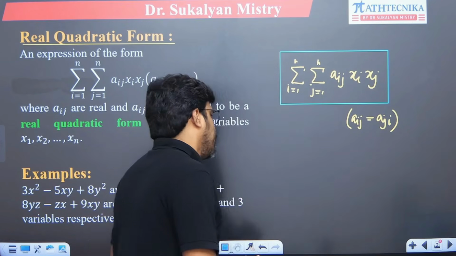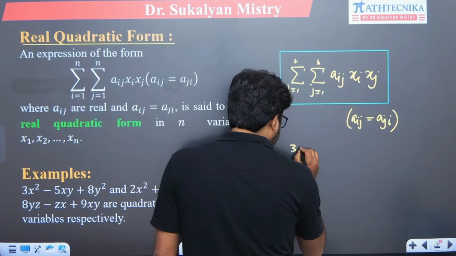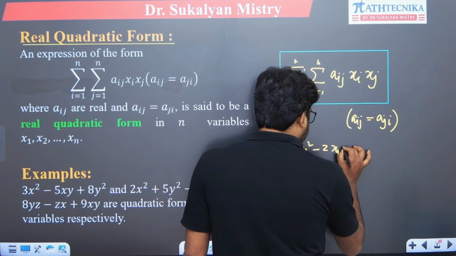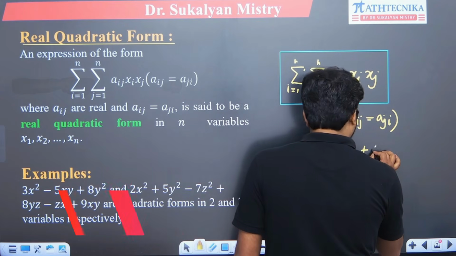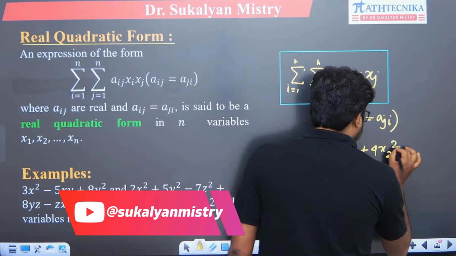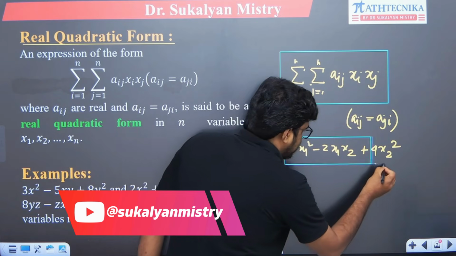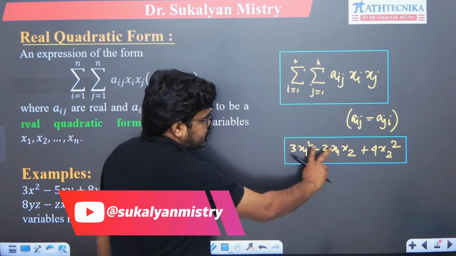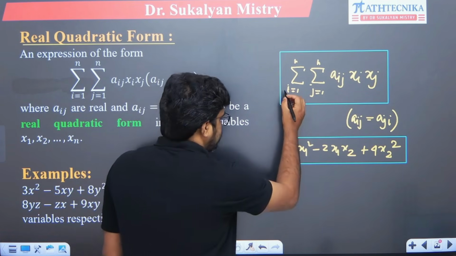For example, if we consider this equation, suppose 3x1 square, right, minus 2x1 x2, right, plus 4x2 square. See this expression, this is a real quadratic form. Here we consider two variables, that is x1 and x2, so that is summation.